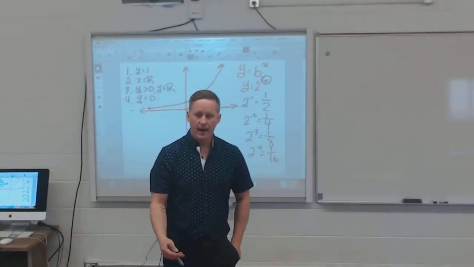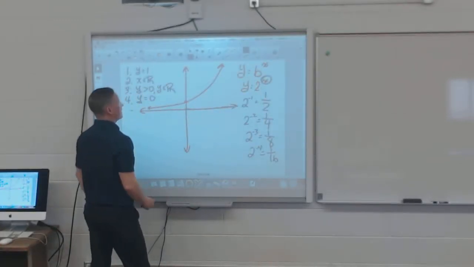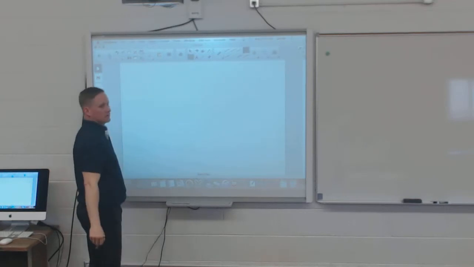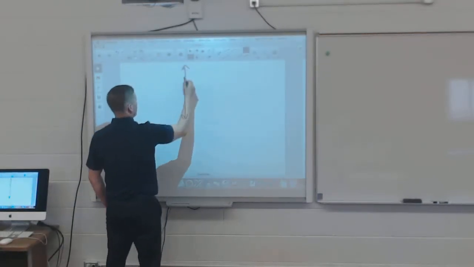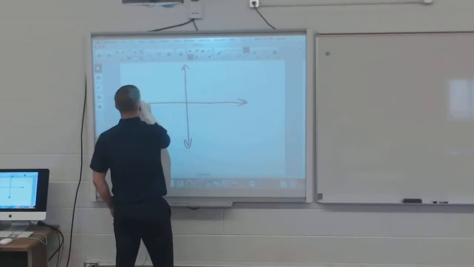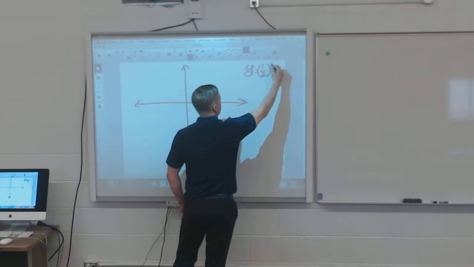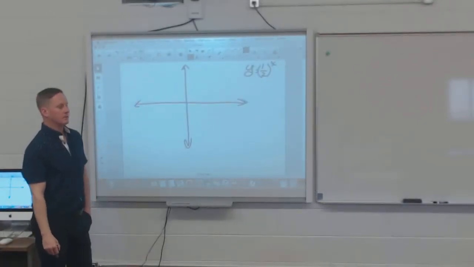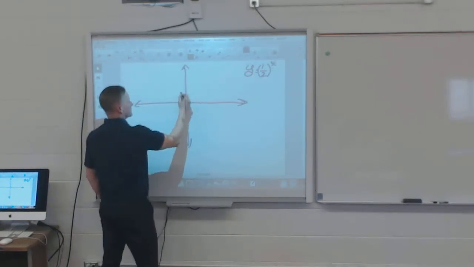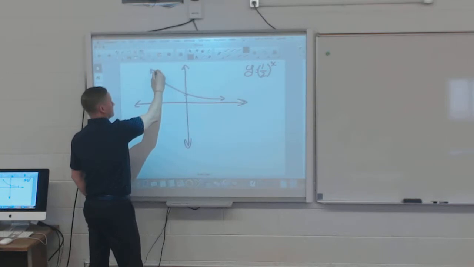What happens if my b value is between 0 and 1? What happens to the graph? So basically what I'm saying is, what if I have this? Still goes through 0 and 1, goes that way.